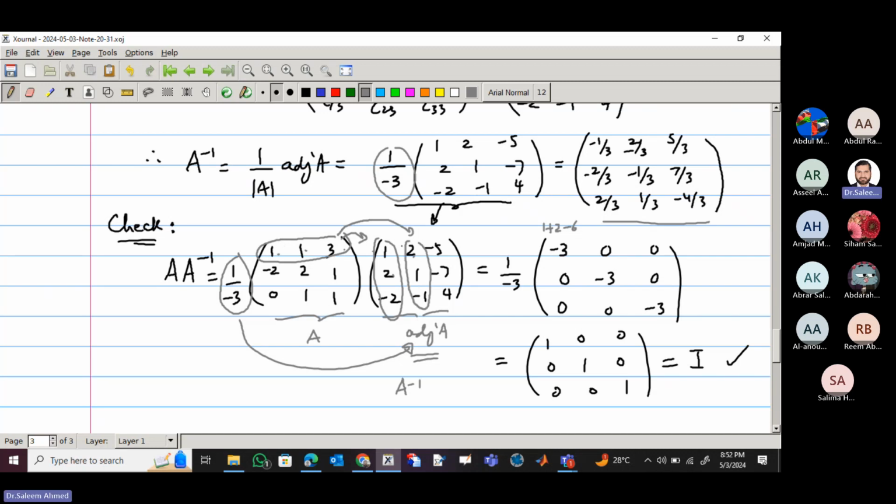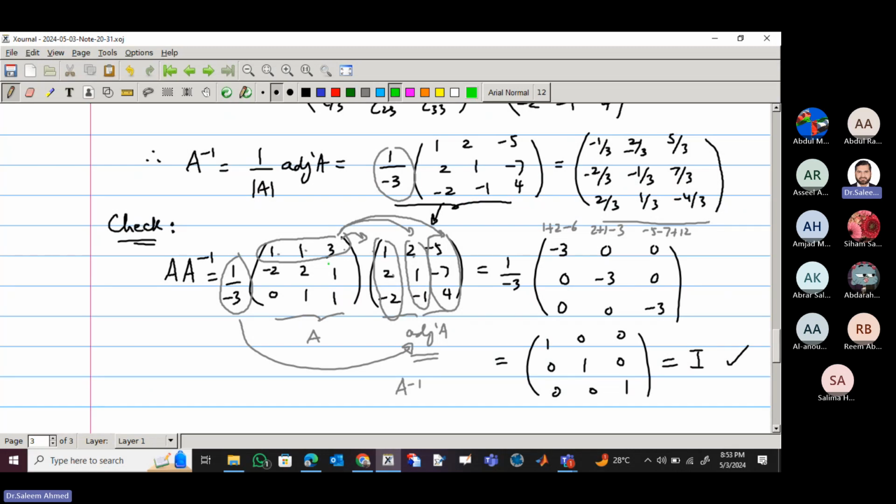So it will become 1 into 2 plus 1 into 1, so 2 plus 1, and then 3 into minus 1. So see, 2 plus 1 is 3, minus 3 is 0. Then the first row with the third column: 1 into minus 5, then 1 into minus 7, and then 3 into 4, 12. So see, minus 12 plus 12, 0. 3 minus 3, 0. And 3 minus 6, minus 3.